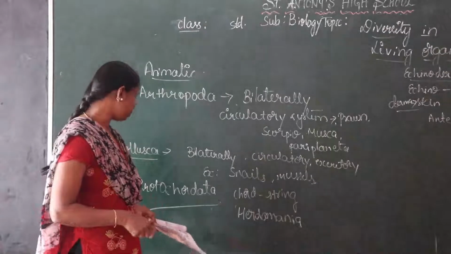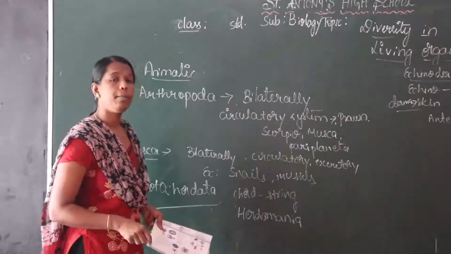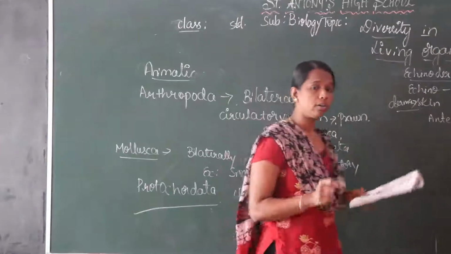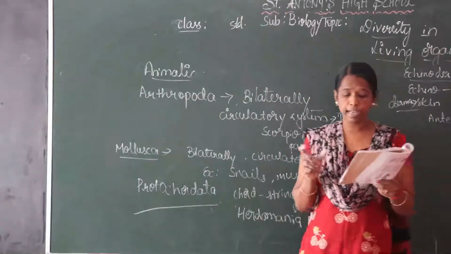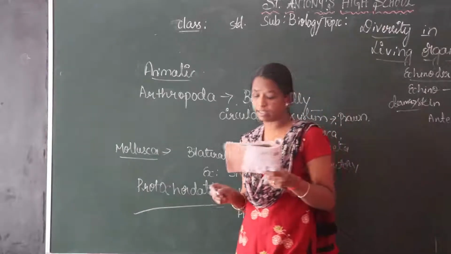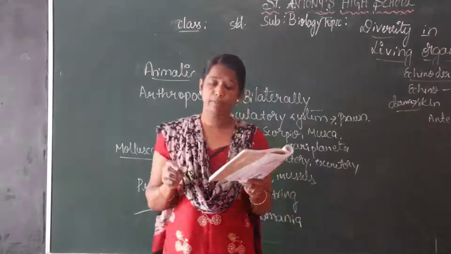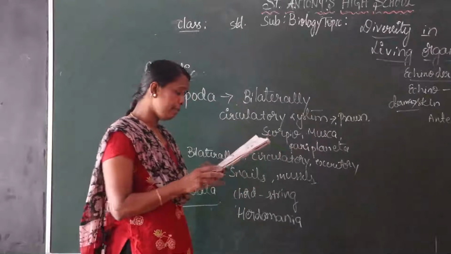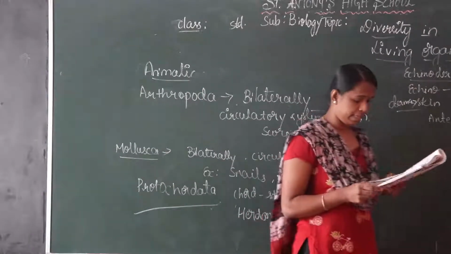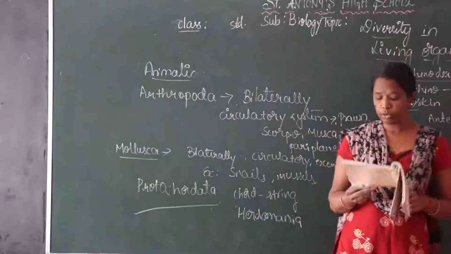An example for protochordata is Haldamania. In that one, the notochord is a long rod-like structure. It runs along the back of the animals, separating the nervous system from the gut. So it provides a place for muscles to attach for easy movement.